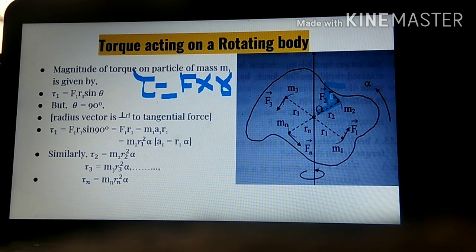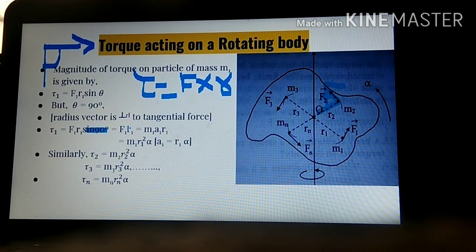What is the angle created between both of them? The angle created between them is 90 degrees. So theta is equal to 90, and sine 90 is 1. So therefore this will vanish. So tau 1, or torque 1, can be written as F1 R1.